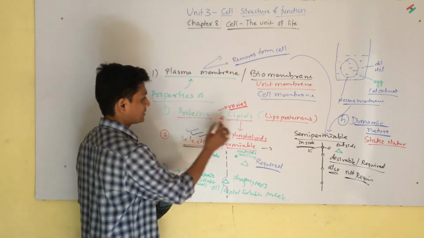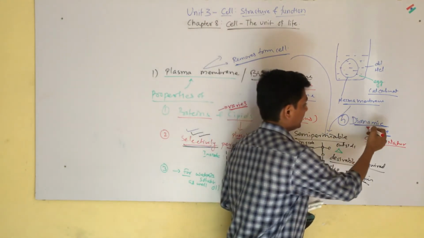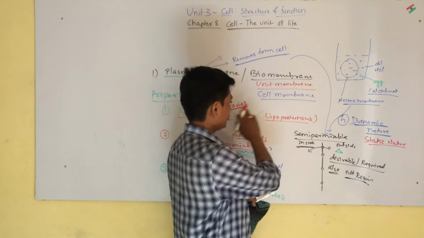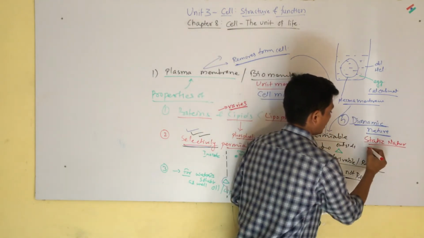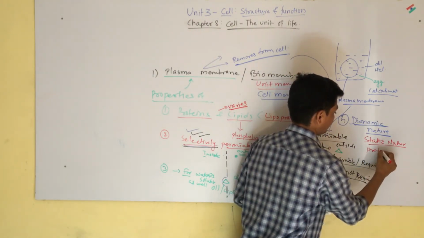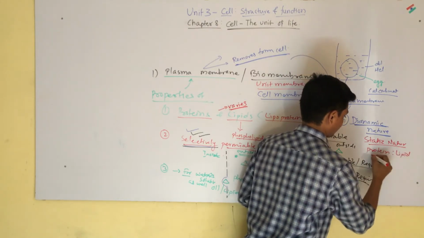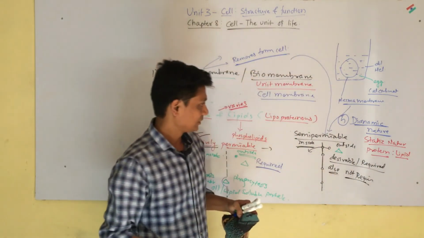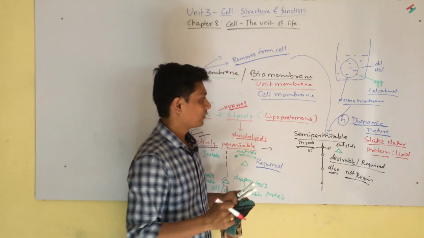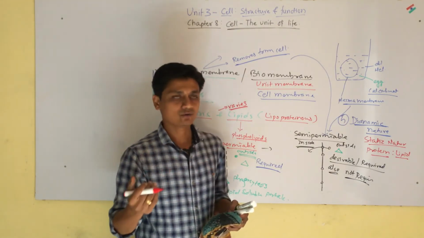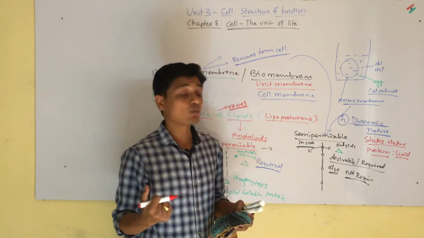The ratio of proteins to lipids changes in dynamic nature, so it is dynamic, or according to some scientists it is also known as the fluid mosaic model.